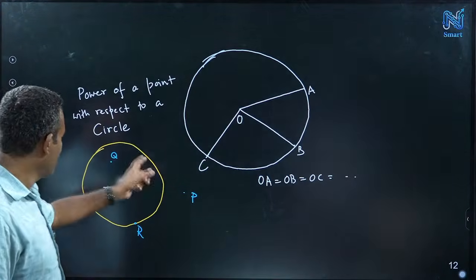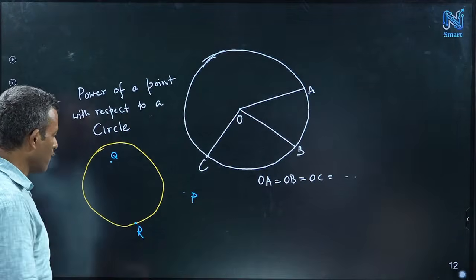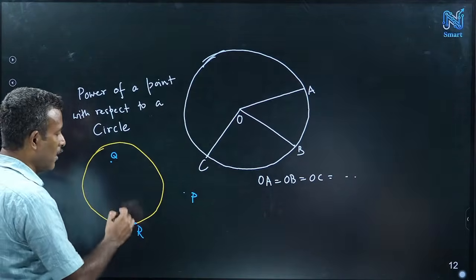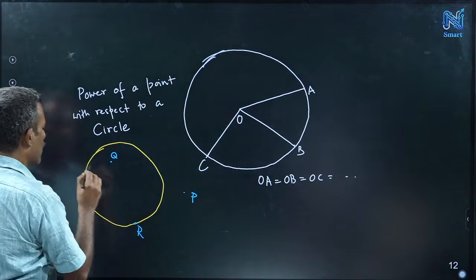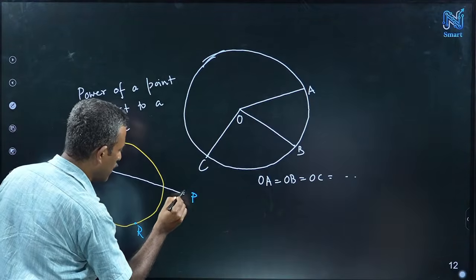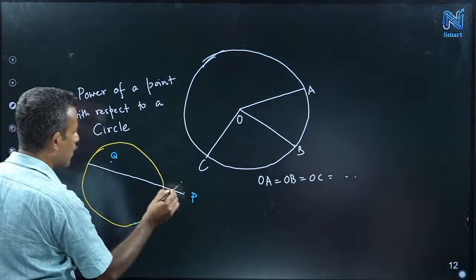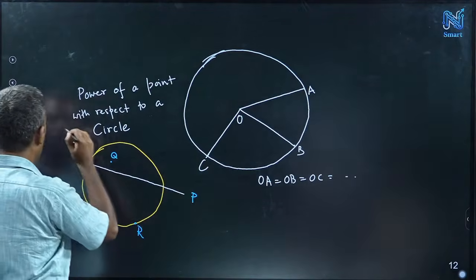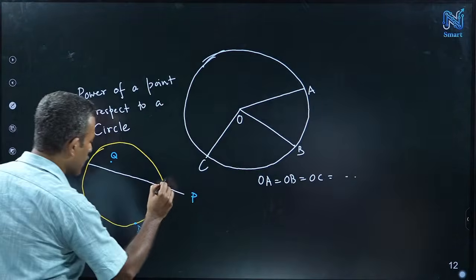It is positive, negative, or 0, you know that. So what is the power of the point P with respect to this circle? You have to draw a line from P, any line, and it cuts the circle at A and B.